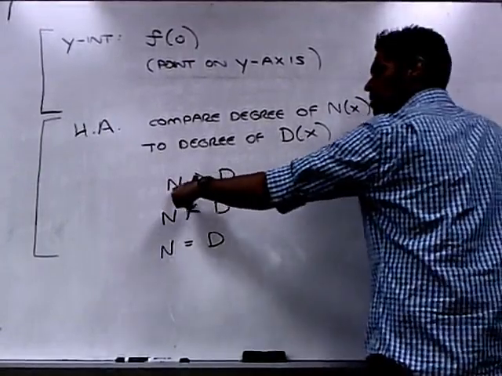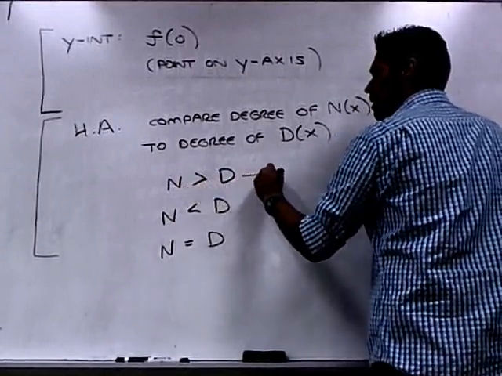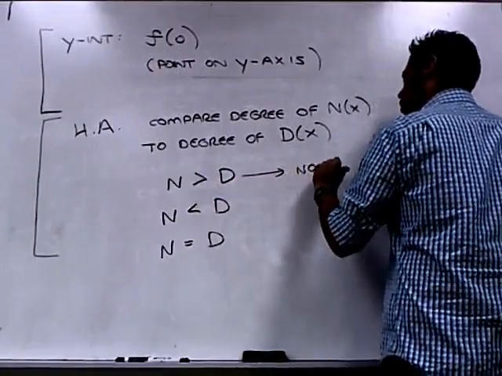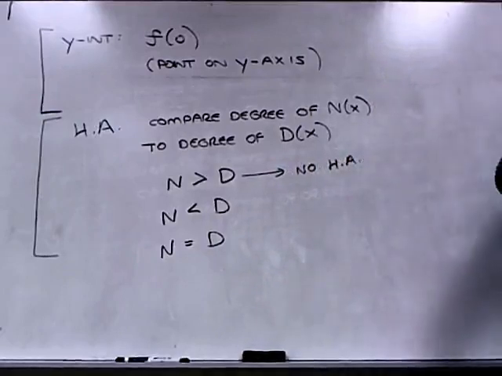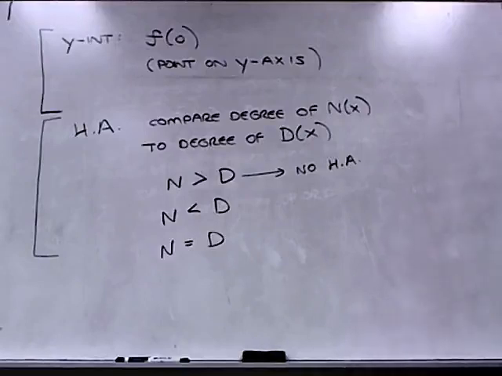If the degree of the numerator is bigger than the denominator, then we have no horizontal asymptote. You don't have a horizontal dotted line that your function goes towards.